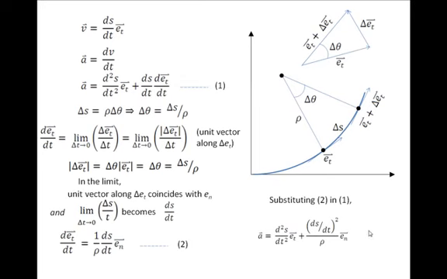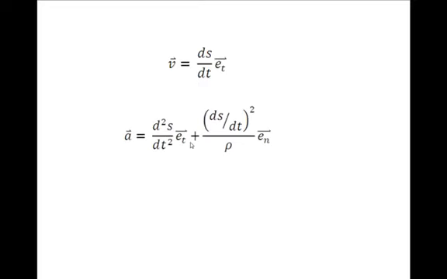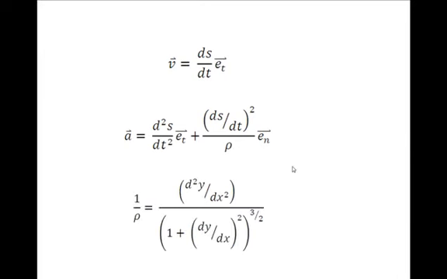Now, for the remaining problem solutions in the other videos, we are going to use these three equations: v is equal to ds by dt et, a is equal to d square s by dt square et plus ds by dt whole square upon rho en, and 1 by rho, that is the radius of curvature of any curve, is given by d square y by dx square upon 1 plus dy by dx whole square to the power 3 by 2.